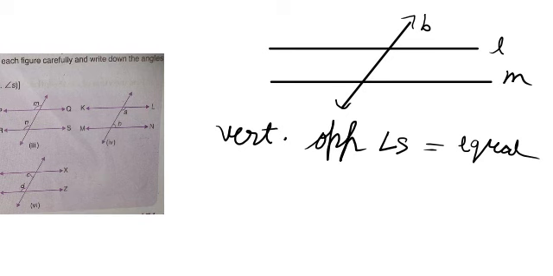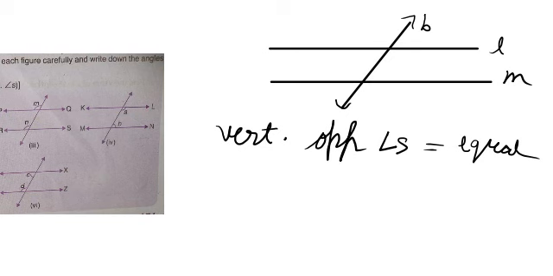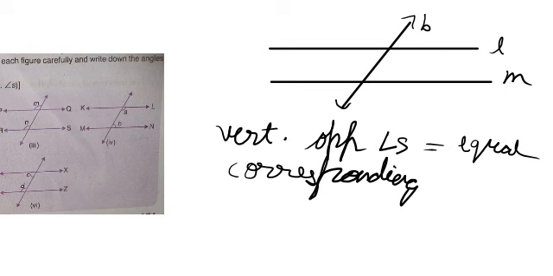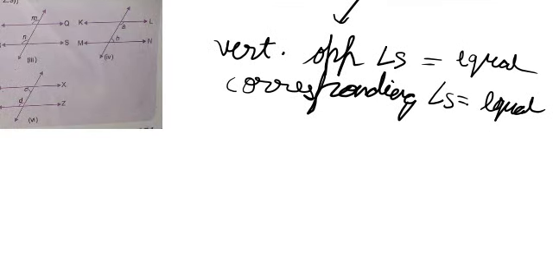All the vertically opposite angles in this figure will be equal. Then the corresponding angles will also be equal, and all the alternate angles, including the exterior and interior alternate angles, will be equal as well.